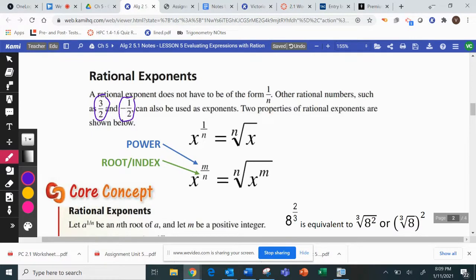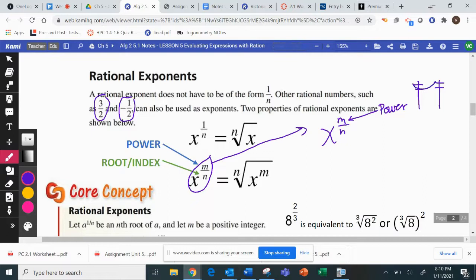When I was in high school, which was forever and ever ago, my teacher always said that the power is on top because that's where power lines are. But power lines are up top.